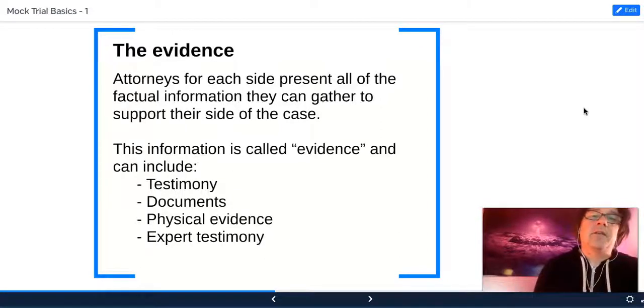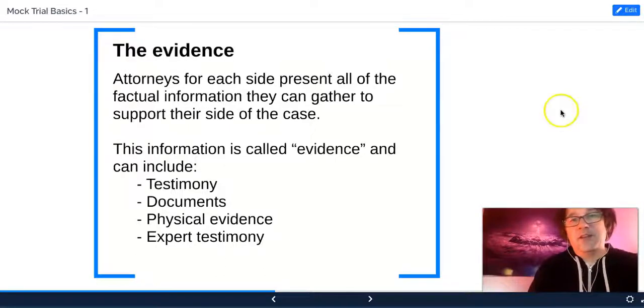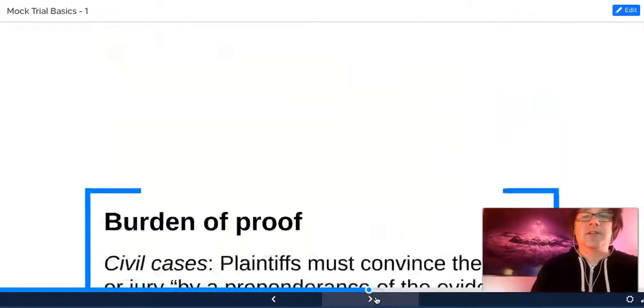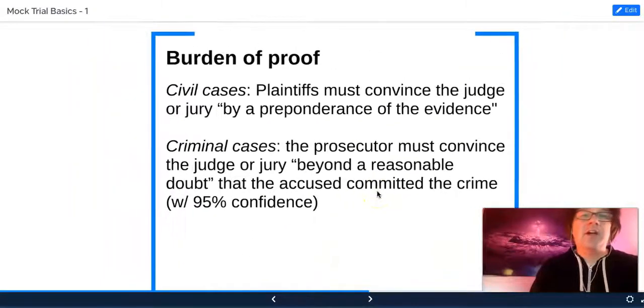It can include documents, and it can include physical evidence, such as a weapon, a murder weapon, or credit cards, or a cell phone, or any type of physical evidence. And as we said, it could also include expert testimony. So evidence comes in lots of different forms.